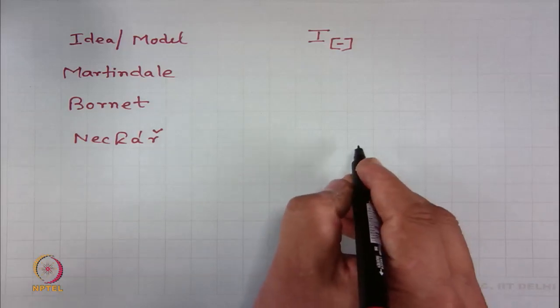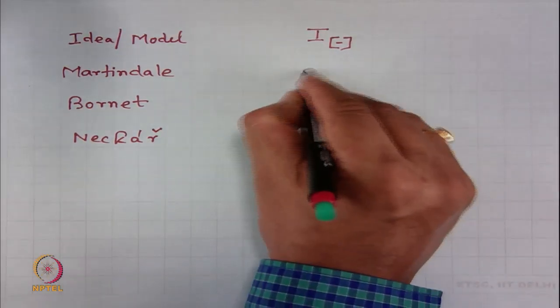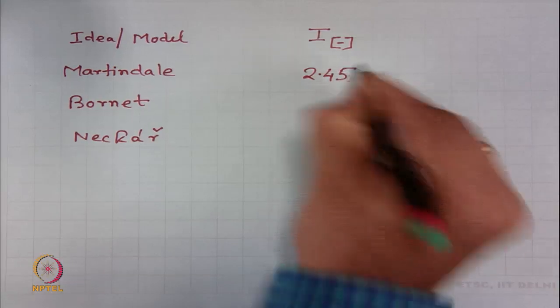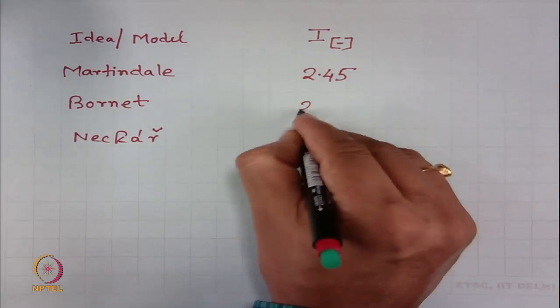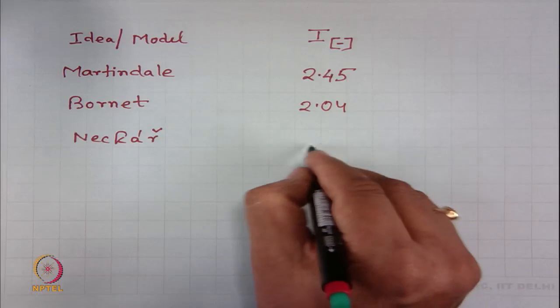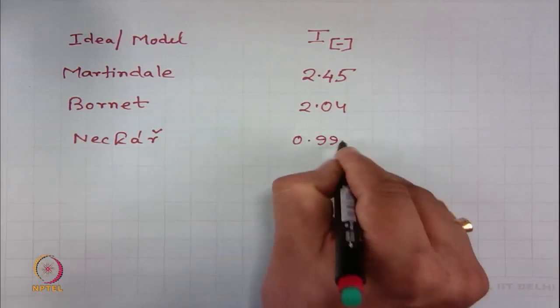So, Martindale, it was 2.45, this was 2.04 and this was 1.04.